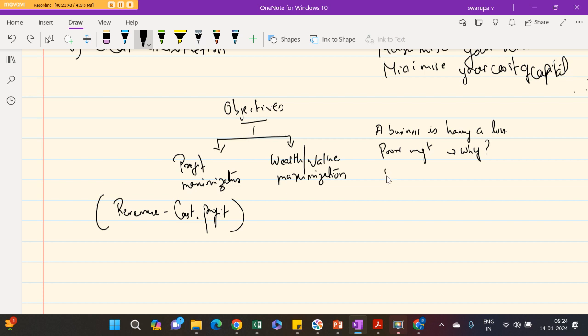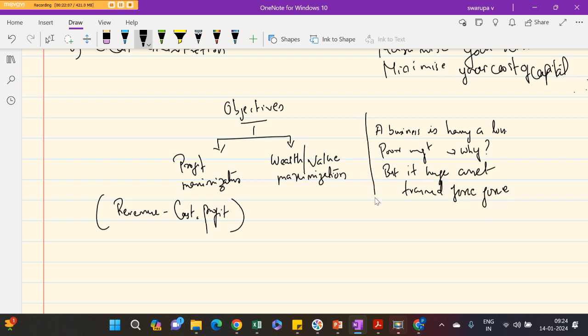But it is having a huge asset base, a lot of buildings, a lot of machinery, and a good amount of land. All huge asset investments are there, and it is having a very trained workforce.